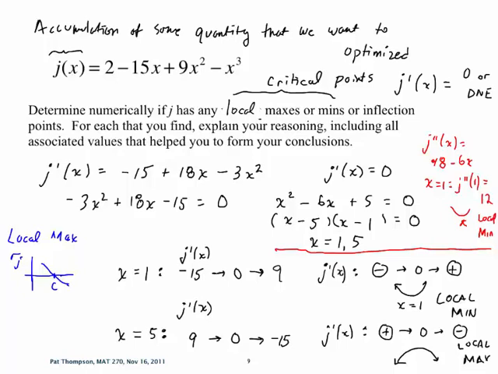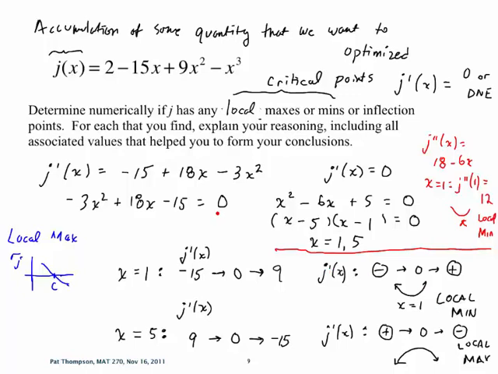Okay, so then we have a 0 of the second derivative also. What value makes the second derivative 0? 3. So we have a local min at 1.